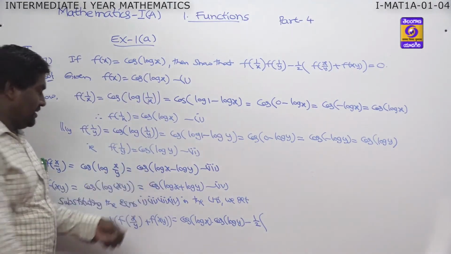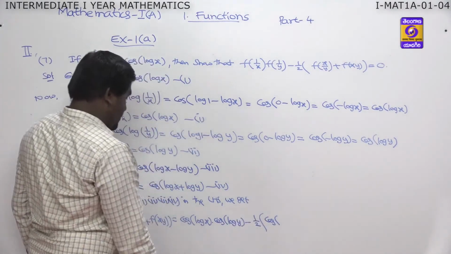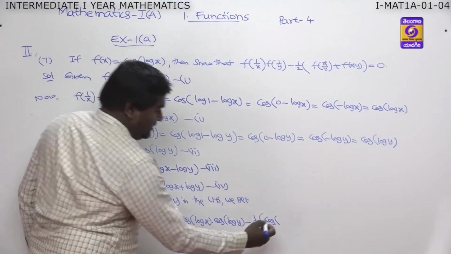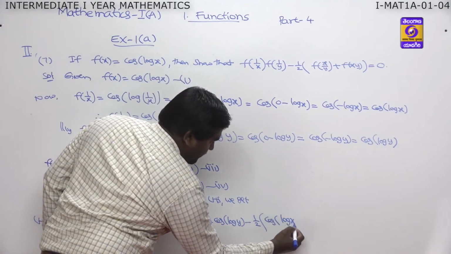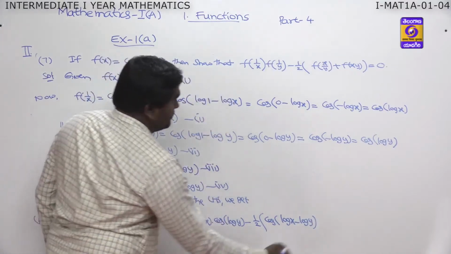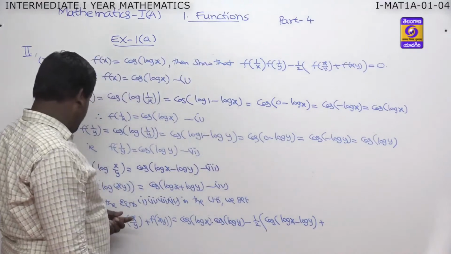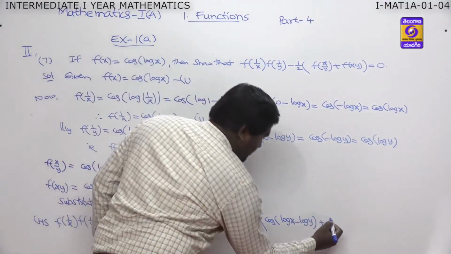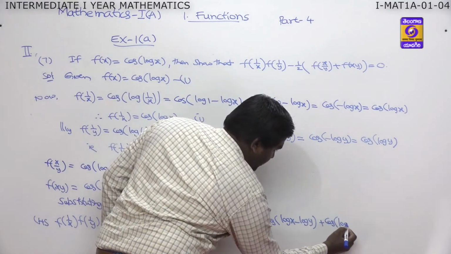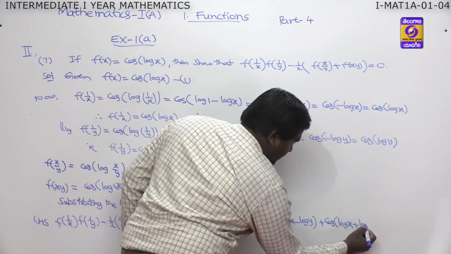From equation 3 it is cos of log x minus log y, cos of log x minus log y plus f of x into y. From equation 4, cos of log x plus log y.